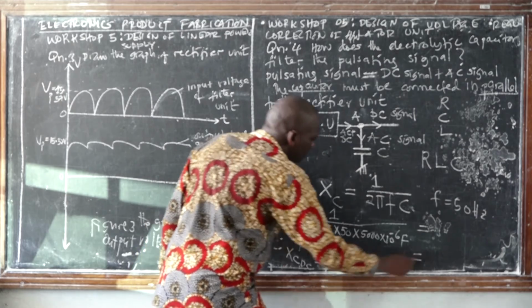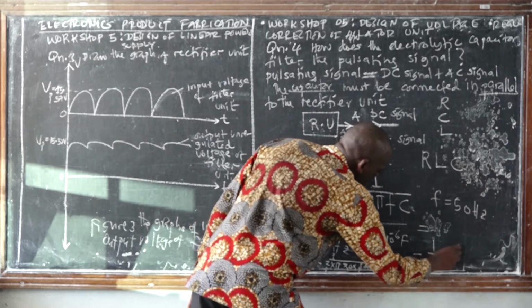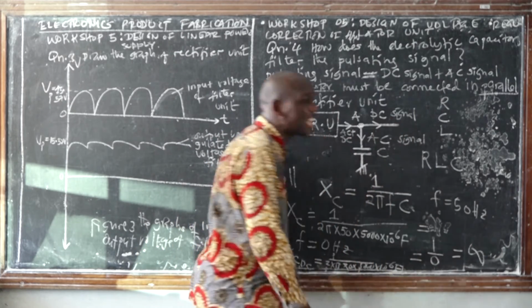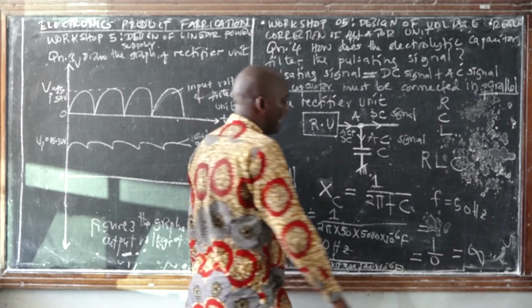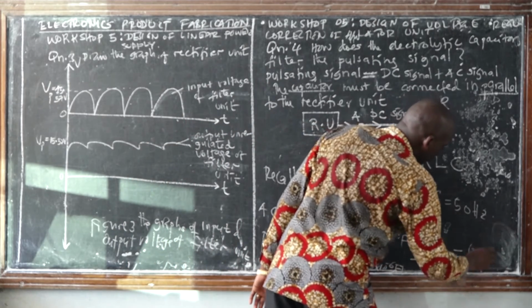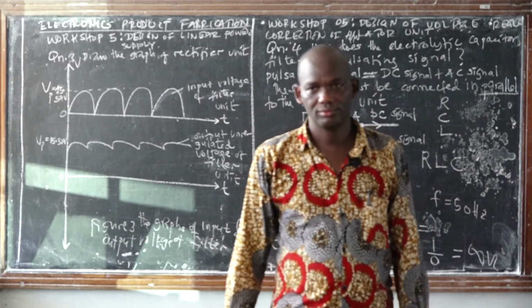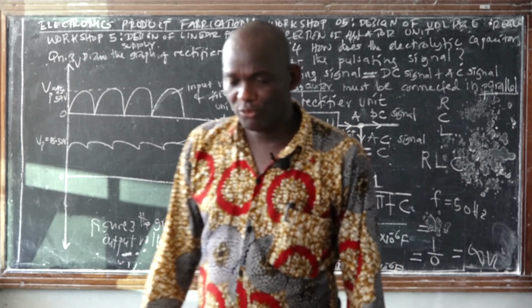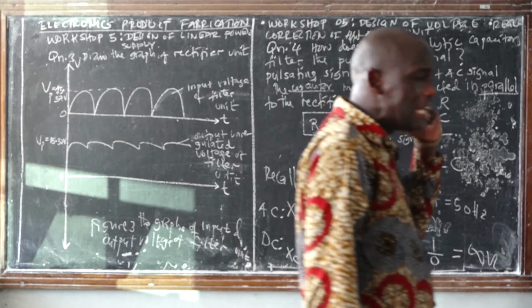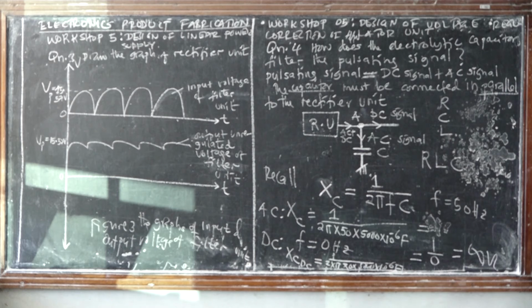So for this case, it will be 1 over 0. And the capacitive reactance of any electrolytic capacitor against the DC signal is infinity. Any electrical or electronic component which has infinite resistance does not allow an electric signal to flow through it.